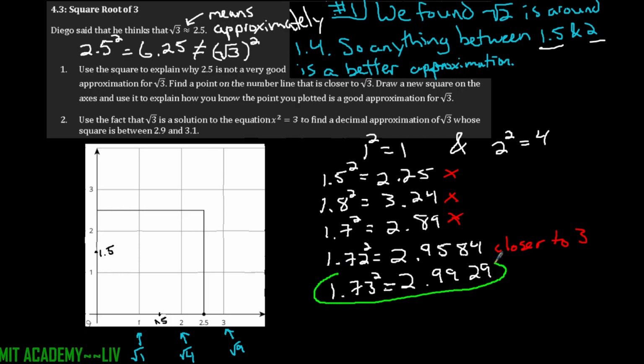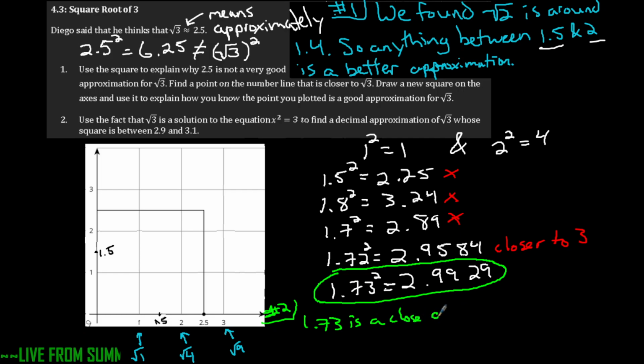So for part number 2, if I can draw that number sign, we're going to say 1.73. There we go. 1.73 is a close approximation of the square root of 3.